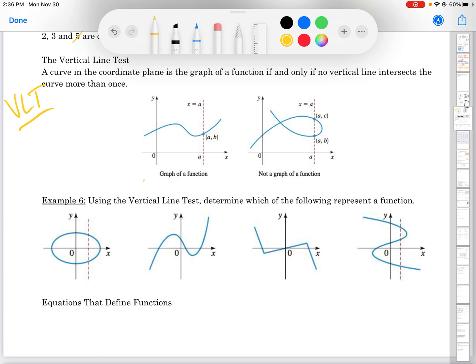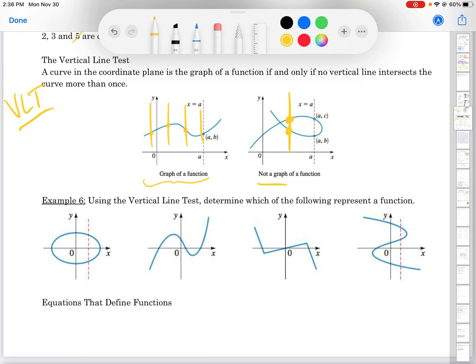So on the left here, this graph is a function because no matter where I draw my vertical line, I will only ever intersect the graph at one point. However, as long as I can find one spot where I intersect in more than one place, then it is not a function. So I can draw a vertical line on this graph on the right, and I see I intersect in 2 points at the same time. So this is not going to be a function.